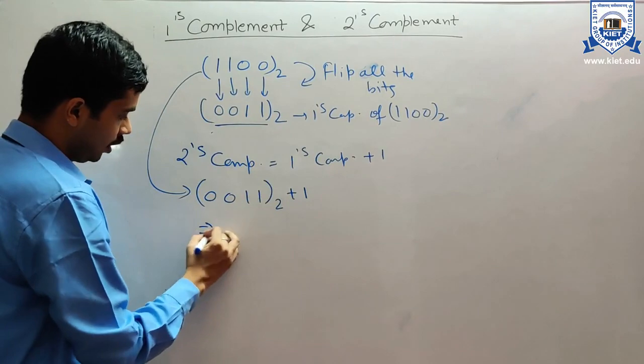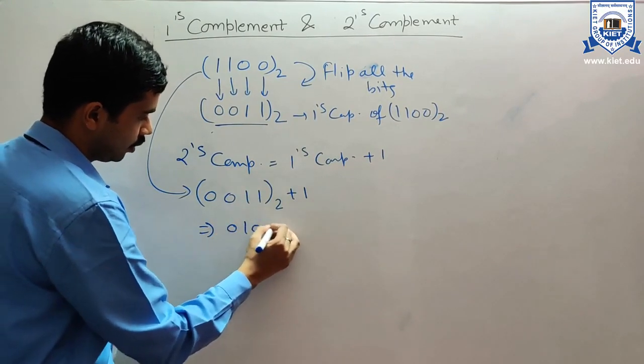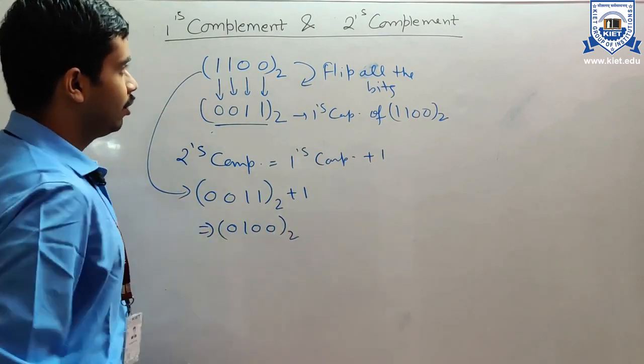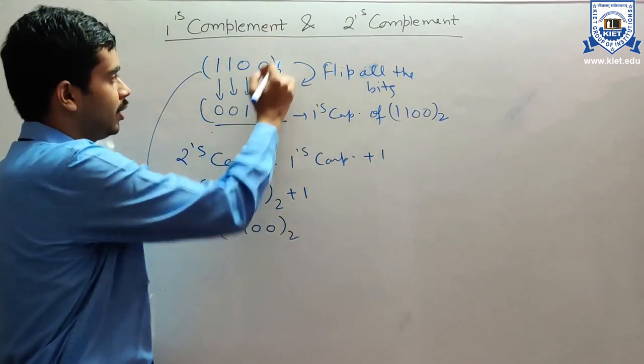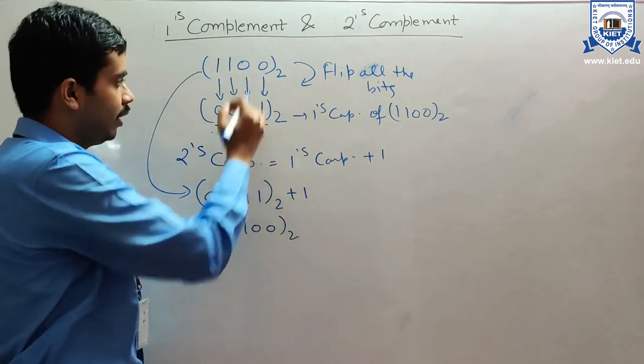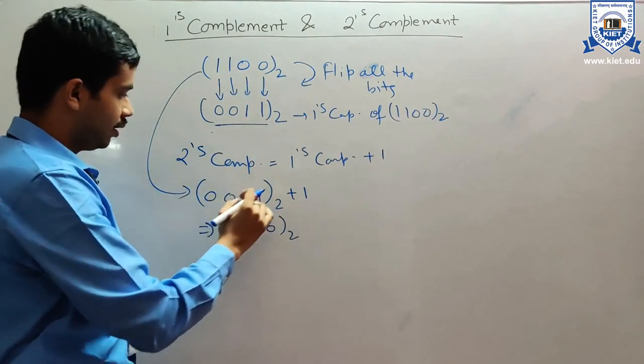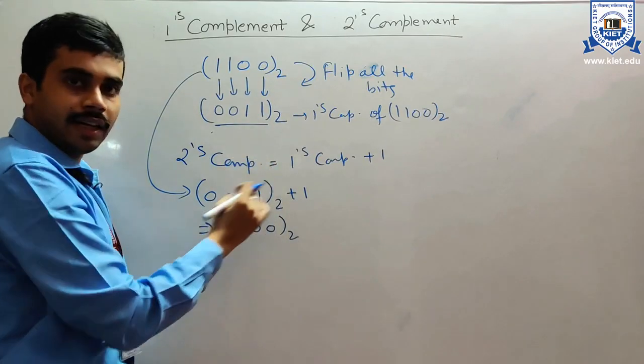It will give me 0 1 0 0, and you can verify it from our previous example. So in 1's complement we just flip the bits we have been given, and in 2's complement we flip all the bits and then add 1.